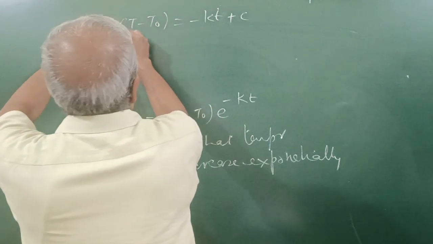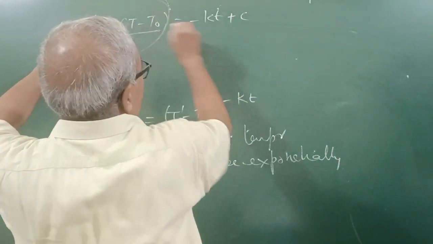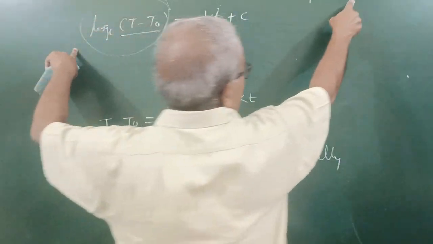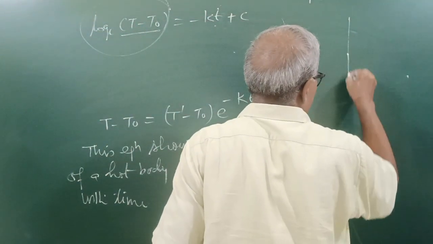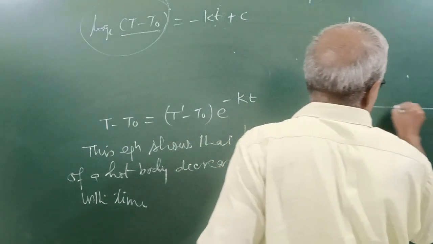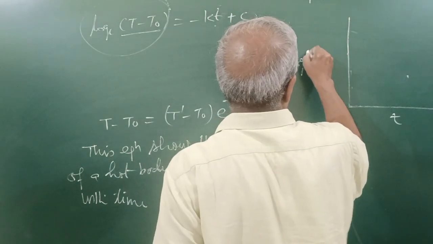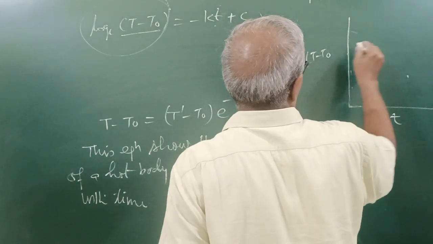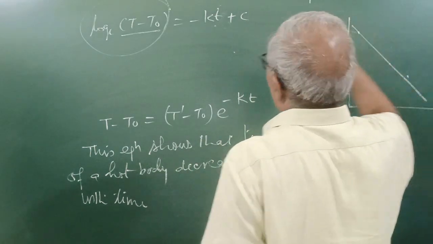Comparing it, this whole thing is y, x is t, and c is constant. We get a graph here. This has been asked in a competitive exam. Time t versus log base e of T minus T0, so the graph will be a straight line like this, because the slope is negative.